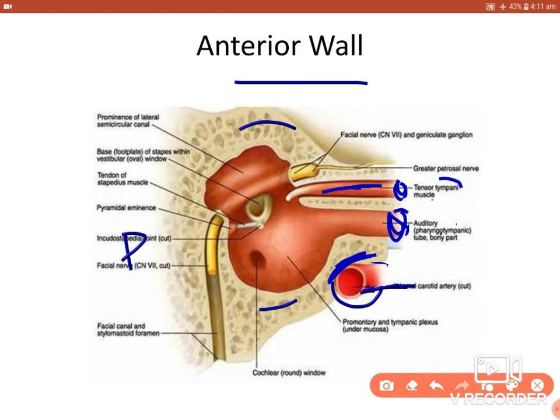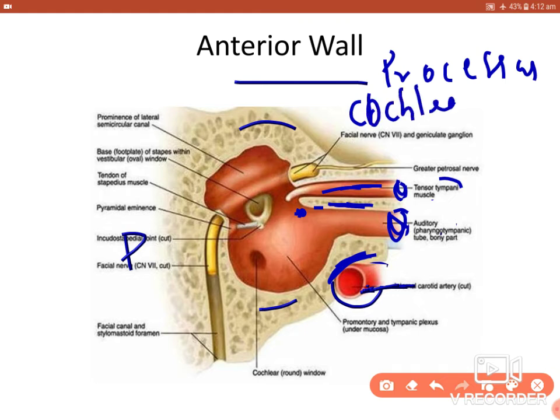Between this superior opening and this inferior opening, there is a long part of bone projecting towards this tympanic cavity. This is called the processus cochleariformis. Okay, this bony part.